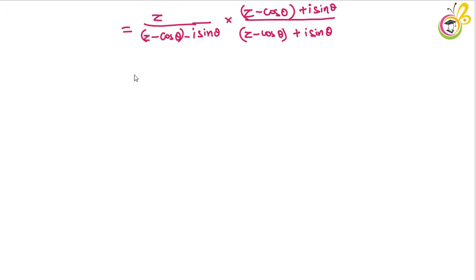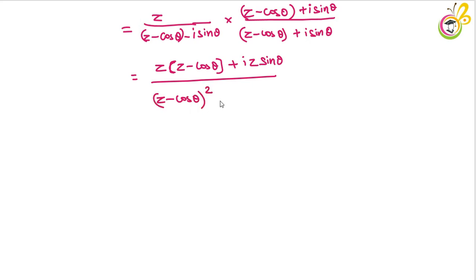Now multiply the numerator and denominator separately. Then we will get z into z minus cos theta plus i into z sin theta, the whole term divided by z minus cos theta, the whole square, minus i square sin square theta. In the denominator, it is a minus b into a plus b, which can be written as a square minus b square.